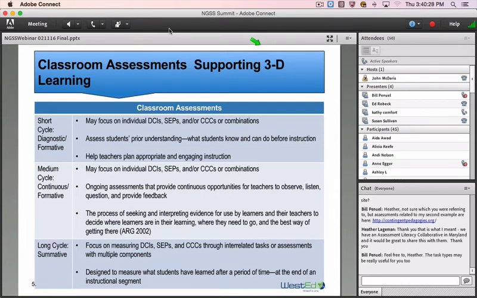In order to get at that integrated nature of performance expectations, you're building an instrument that has items that maybe focus on a DCI or on a practice or on a cross-cutting concept, but when they come together, it's designed to measure what students have learned after a period of time, or as a summative test for a state test.